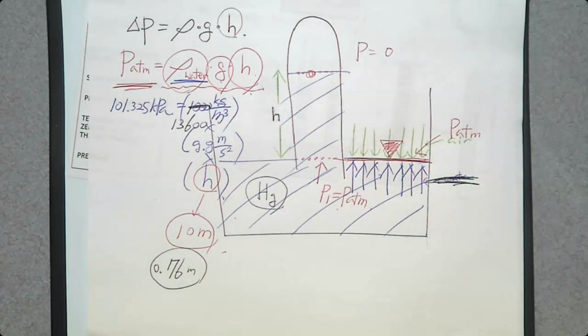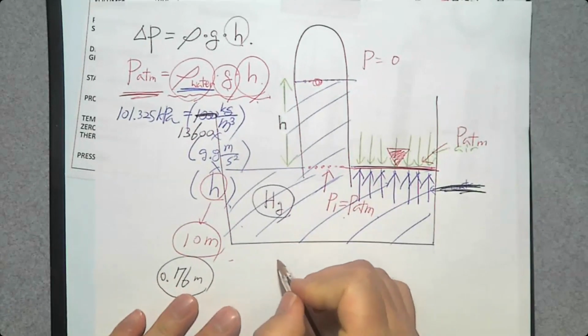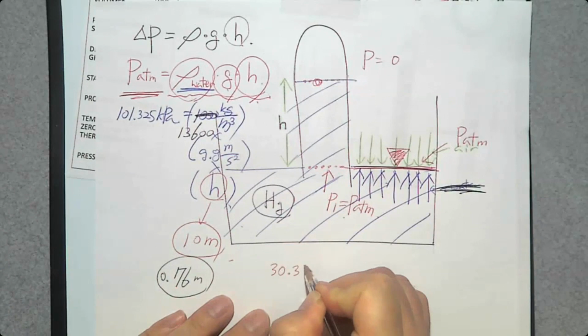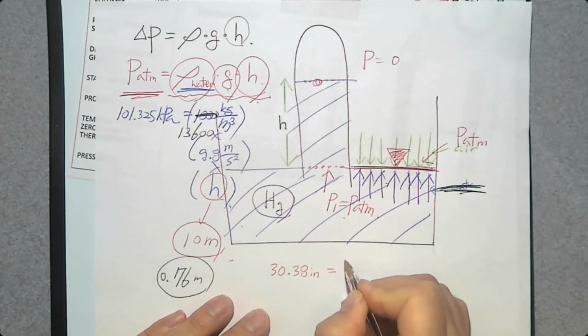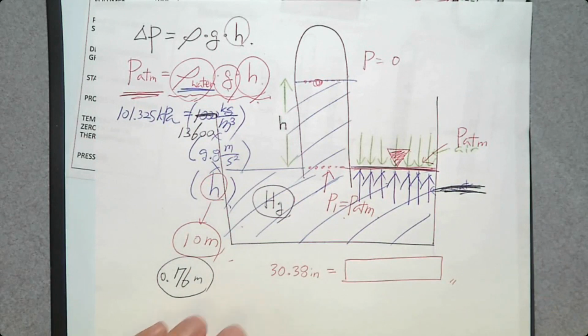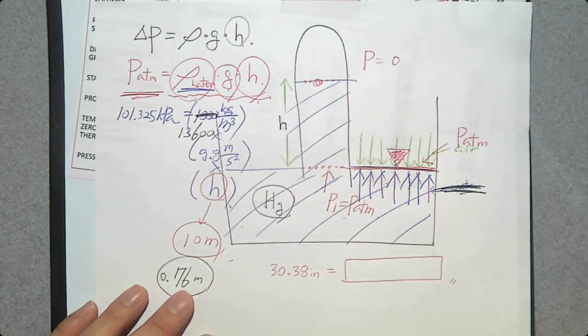30.38 inches. That's the reading from the barometer. So let's do that. 30.38 inches, and this is an English unit. In thermodynamics in this classroom, we are going to use SI units. So what is 30.38 inches in meters?